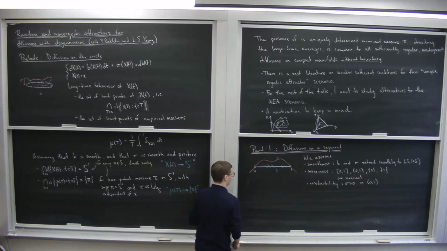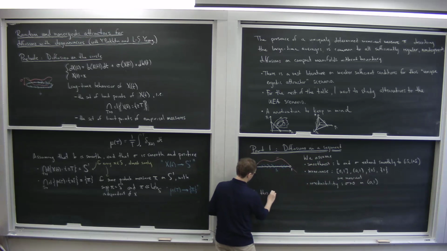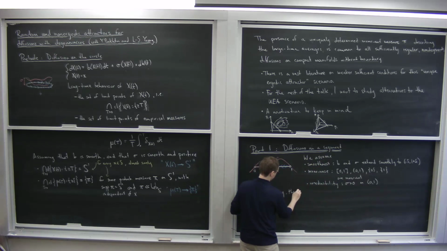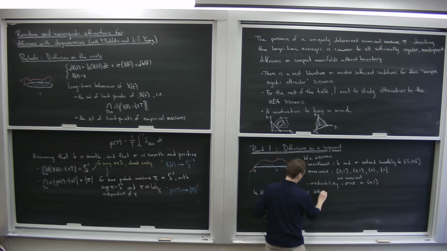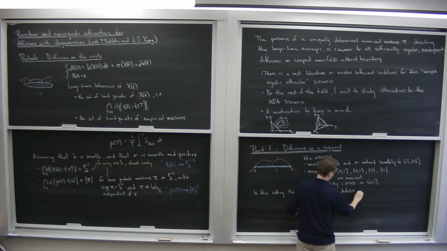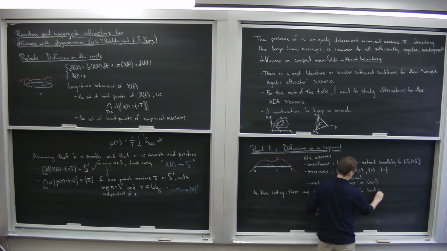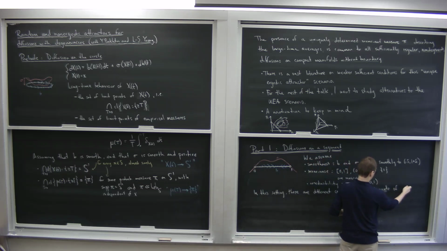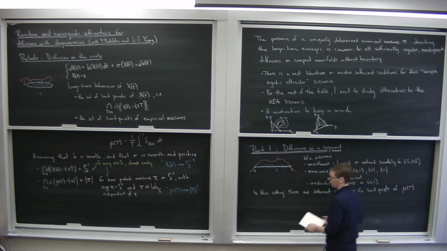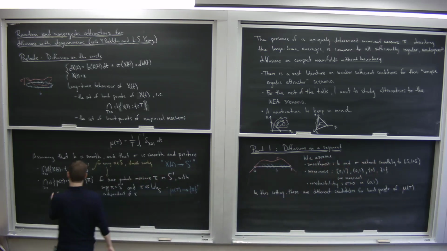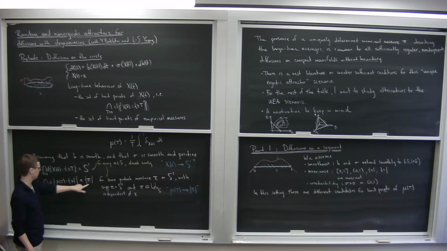Okay, so already a first thing to notice: here what we said was that mu t always converged to this uniquely determined thing.